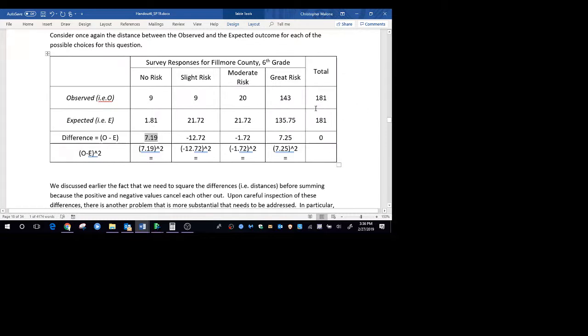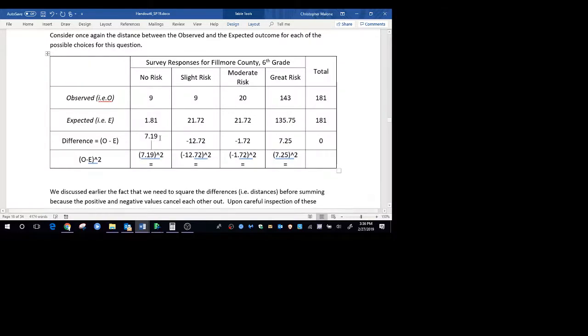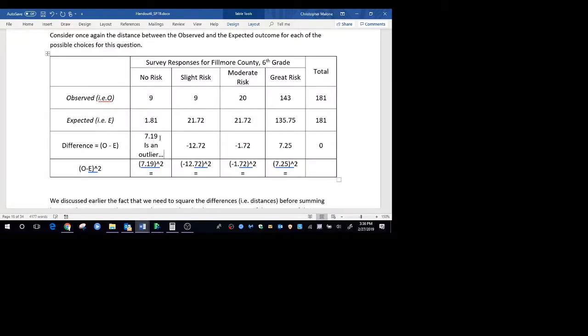However, when I go look at the great risk group, it had an expected quantity of 135.75. The observed outcome was 43. This one also is about 7 off. In fact, it's actually a little bit more than the one over here in the no risk. So this 7 over here is an outlier, but this 7 over here is not an outlier.